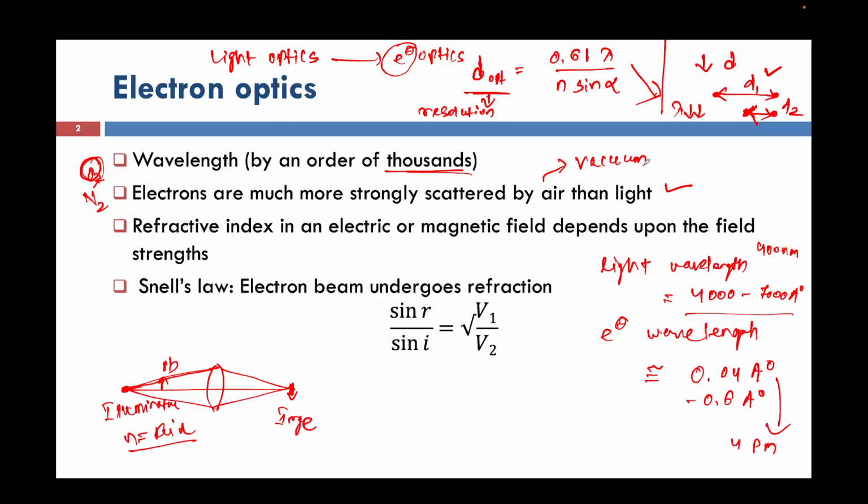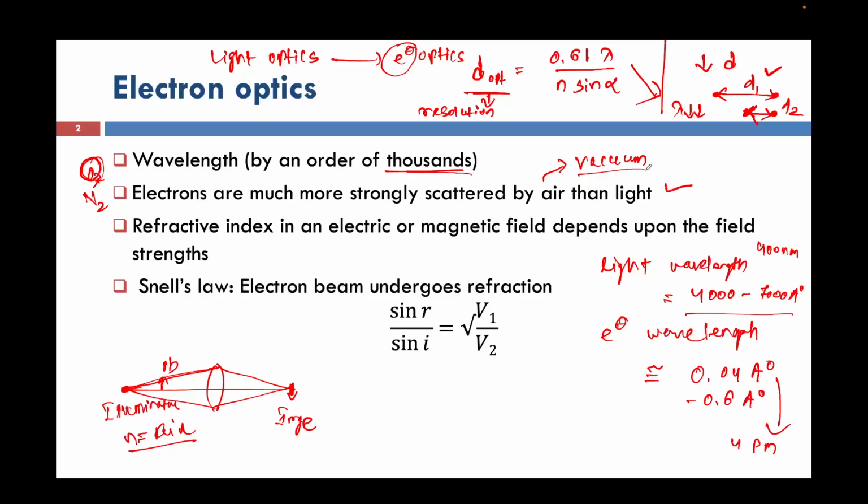So this is one of the major disadvantages, for which we need vacuum to view our image.